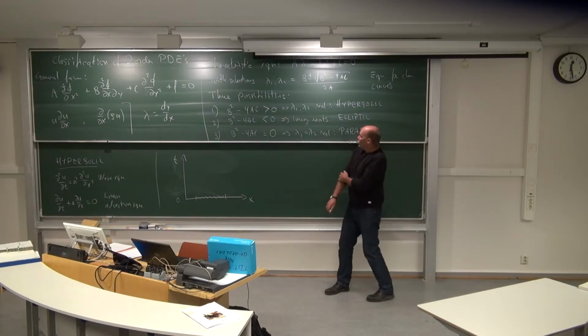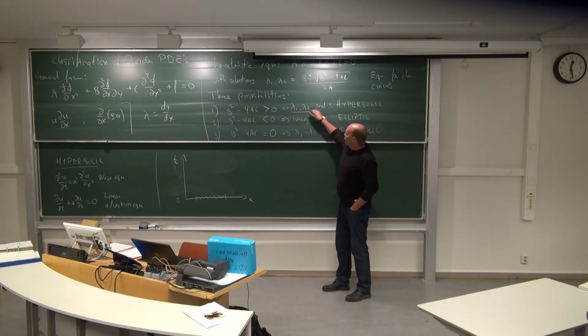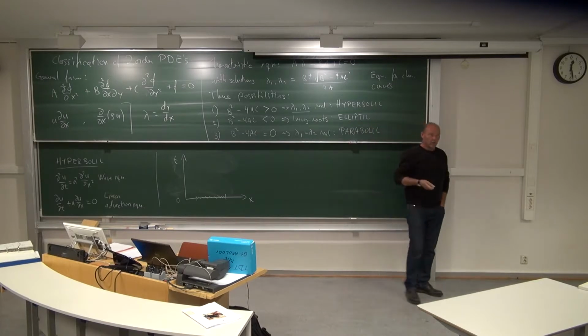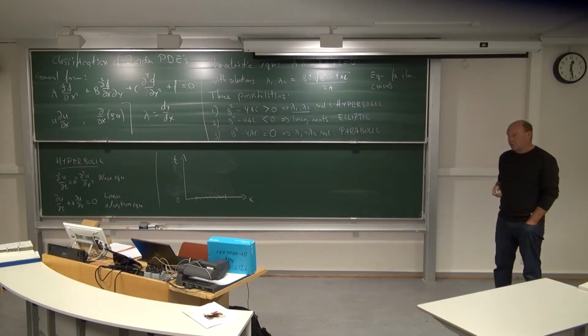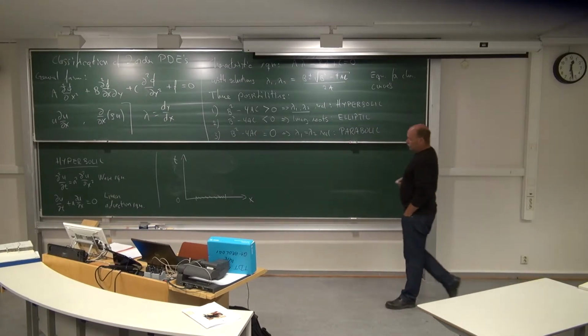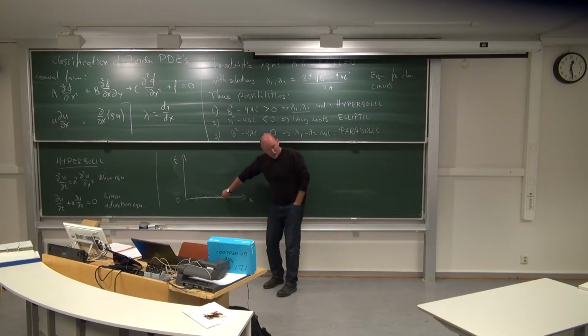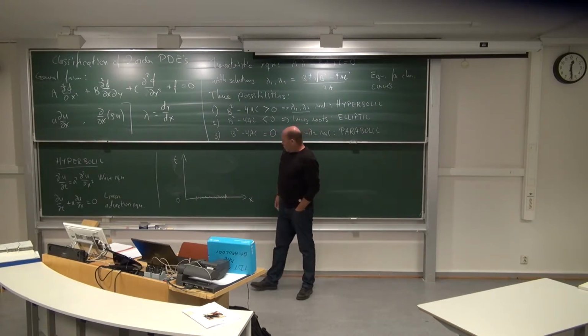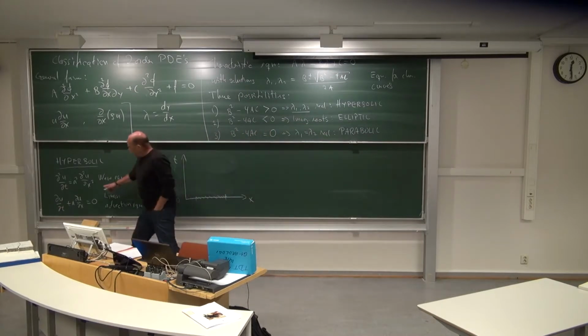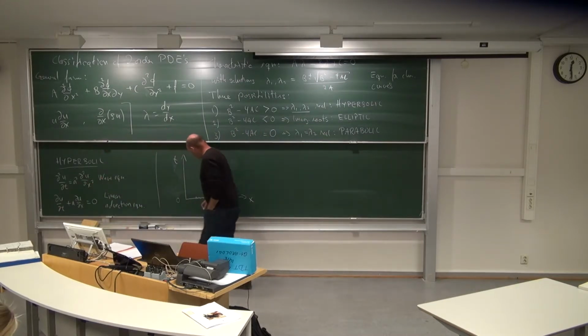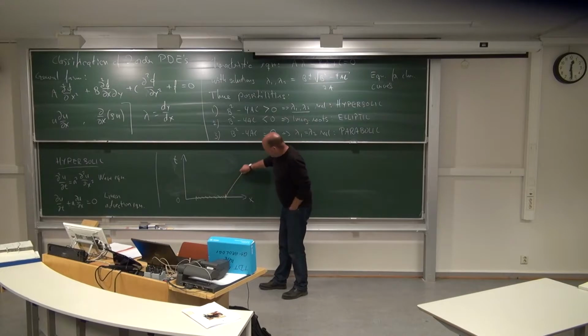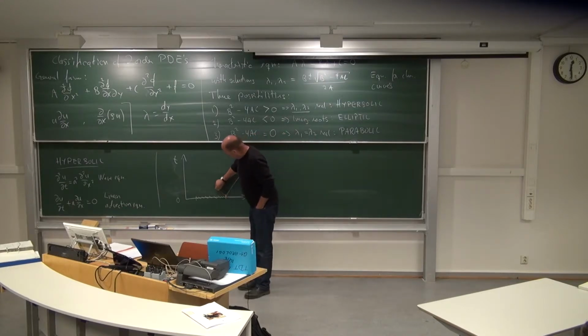How can we do that? Well, in a hyperbolic system, you have two real characteristic curves. So if you look, say, at the boundary here, this information you have here will now travel. It will move with the constant velocity a to the left or to the right.